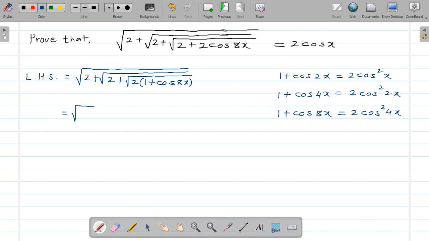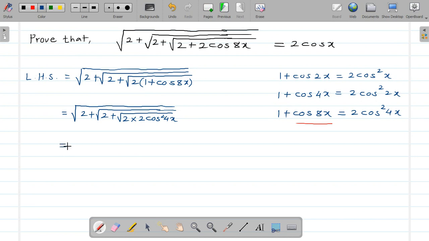In the next step I will write 2 under root 2 plus under root 2 plus under root, where this 2 is as it is, into 1 plus cos 8x, which can be replaced by 2 times cos square 4x by this formula.